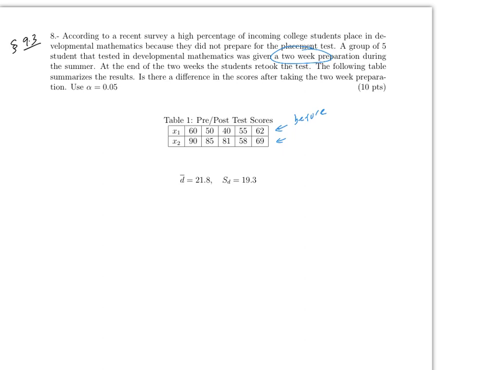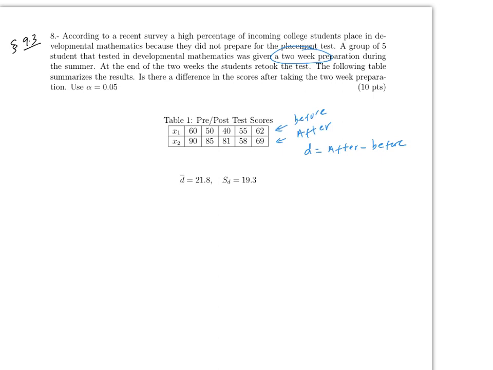They take the test again, and you want to know if there is an improvement, and that's what we call after. So here D is after minus before, or before minus after. It doesn't matter.